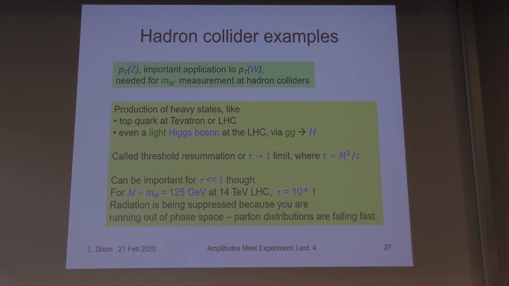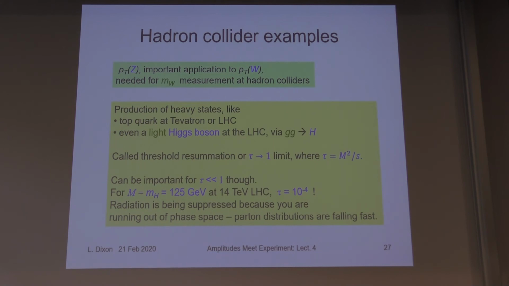Well, the reason is that you effectively run out of phase space much faster if the partons that are colliding have a very steep dependence on the invariant mass. To say it another way, normally you want to cancel virtual divergences against real divergences. But the real divergences, where you emit a real gluon, they require you to have slightly bigger energy and slightly bigger x values for the distributions.